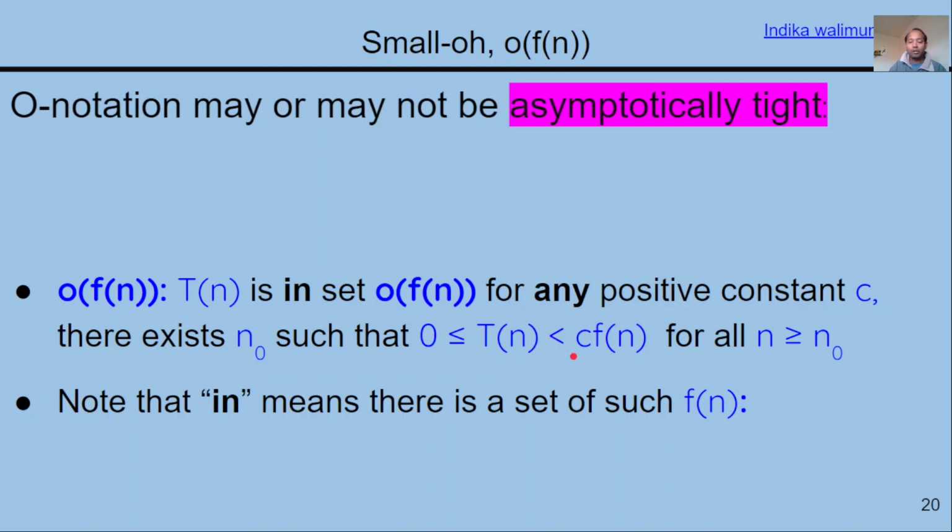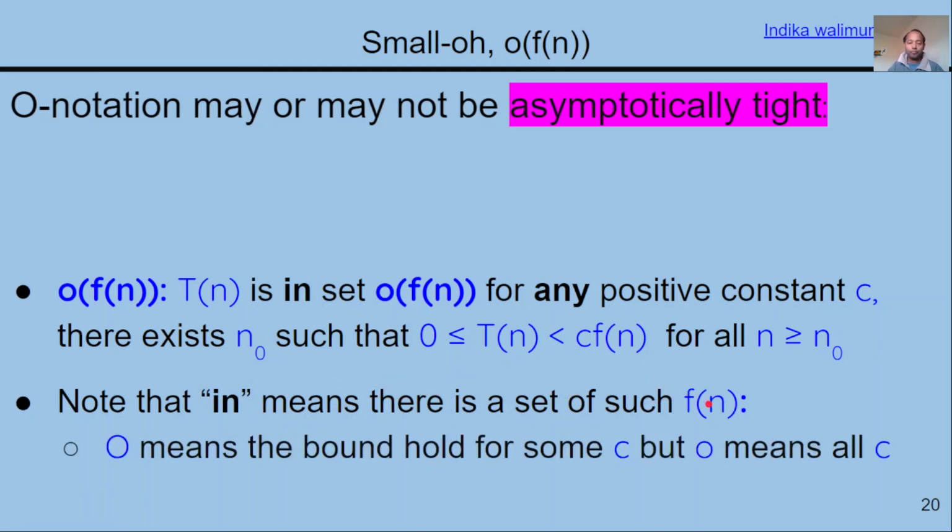Notice the equality is gone, for all n greater than or equal to n naught. Again, there's a set of such functions, so we say it's in. So big O means the bound holds for some c, but small O means the bound holds for all c's. Again, that n naught can be different, guys, the place where it crosses.